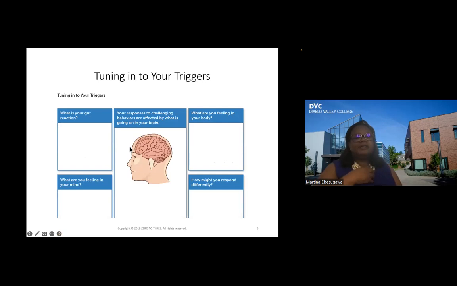It's important for us to understand that our responses to challenging behavior are affected by what is going on in our own brains and in our own bodies. Dan Siegel said that when we're really aroused, we flip our lids, meaning that we don't access the frontal cortex of our brain, and we focus predominantly on the lower parts of our brain to engage the children we're working with, or the young ones that we have.